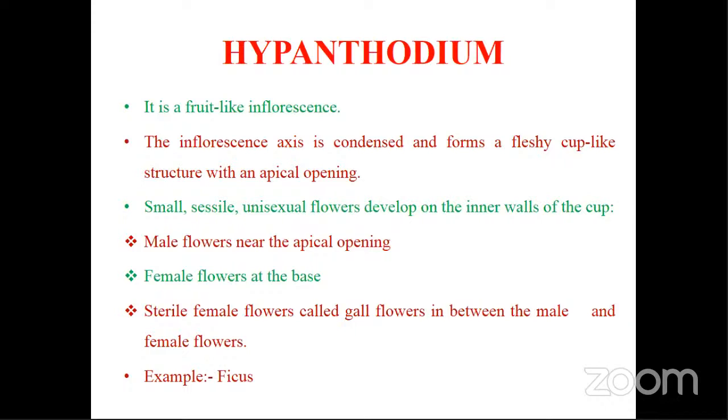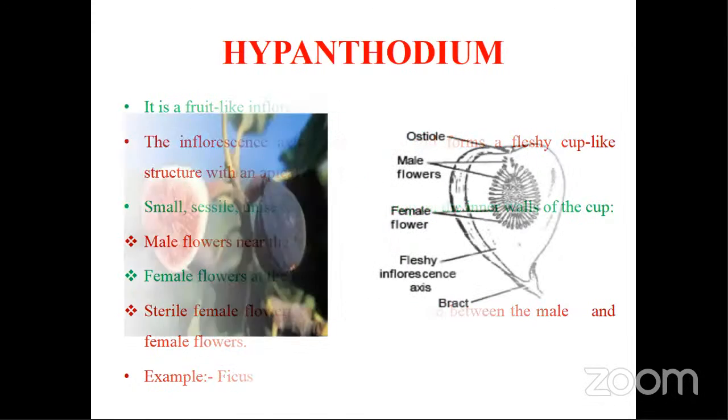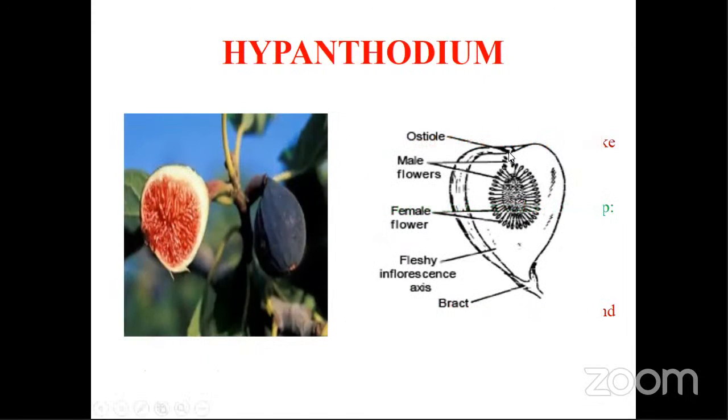And sterile female flowers called gall flowers will be present in between. See, this is the peduncle which becomes fleshy, and it has an apical opening called the ostiole. The apical opening, the pore of it, is called ostiole. We see male flowers towards the opening, female flowers at the base, and in between them, sterile female flowers called gall flowers.